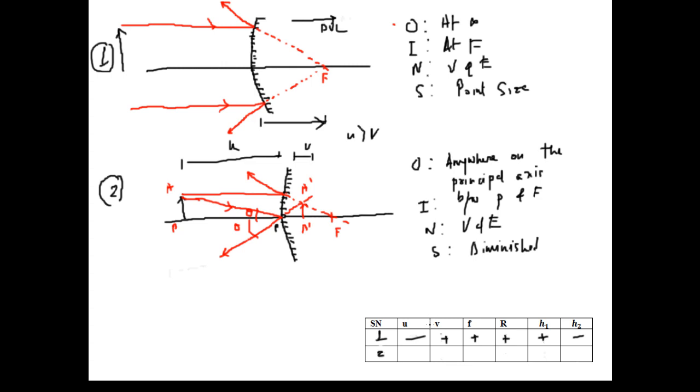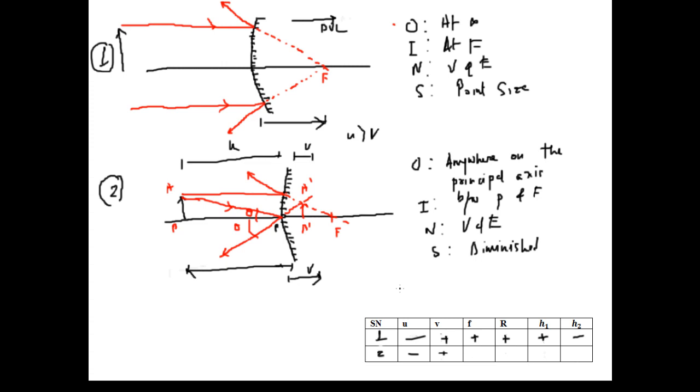Second one, this is the u, which is opposite to the direction of light, so u will be negative. V is this one, you are measuring with the direction of light, so it should be positive.